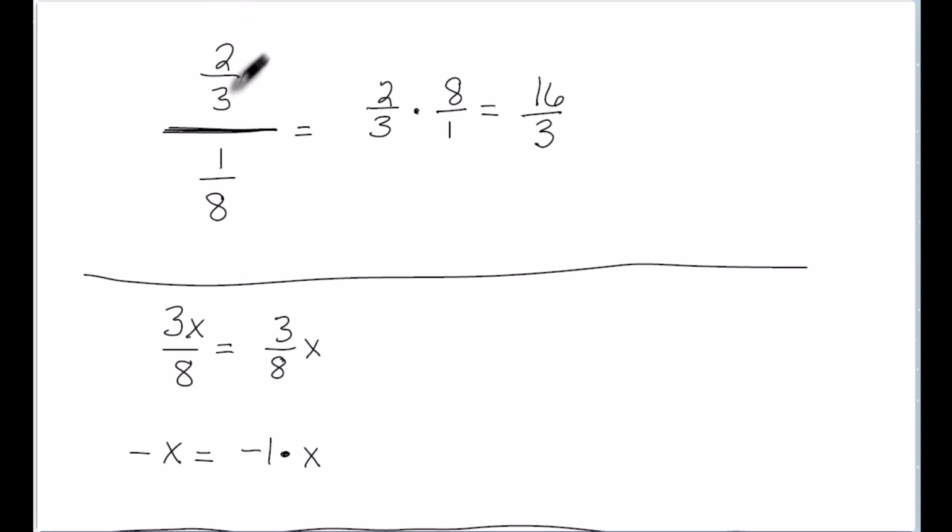Again, top stays the same, bottom fraction gets flipped over. And so now I'm doing an easy thing, which is multiplication. 2 times 8 is 16. 3 times 1 is 3. There was no cross canceling to be done, and so we leave the answer as 16/3.